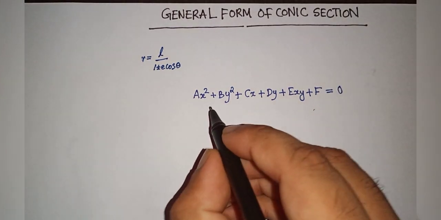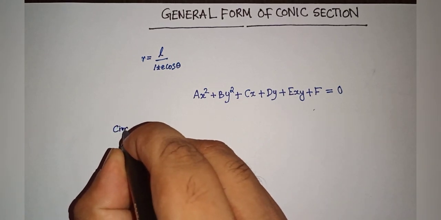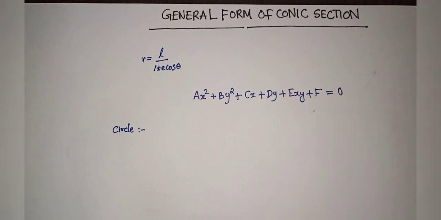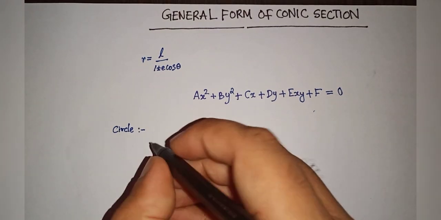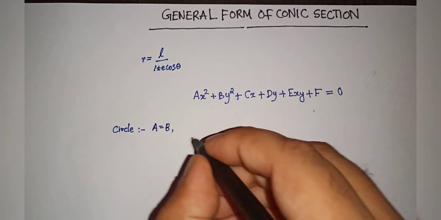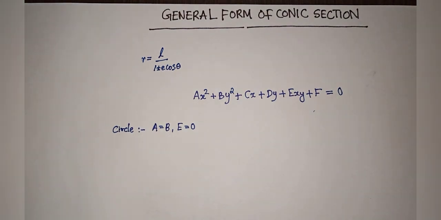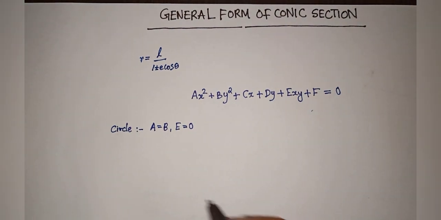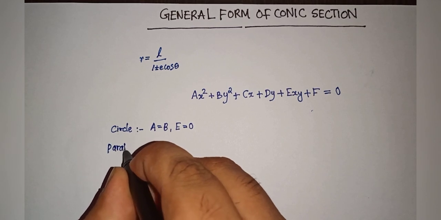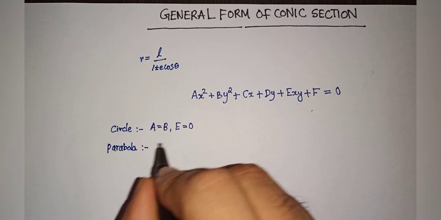If this is to satisfy a circle section, or a circular orbit, we have some conditions. If A is equal to B and E is equal to 0, then this equation represents a circular orbit. Now for a parabola, you only need to consider A, B, and E, nothing else.